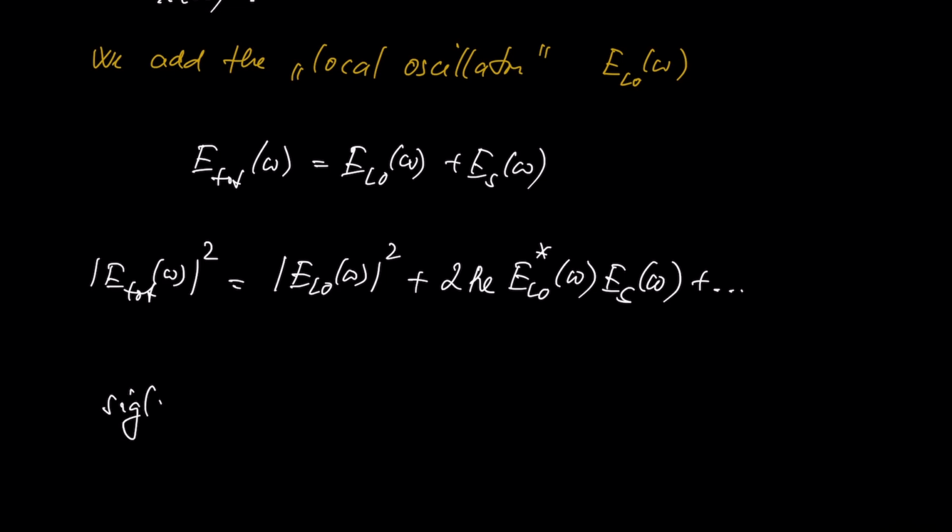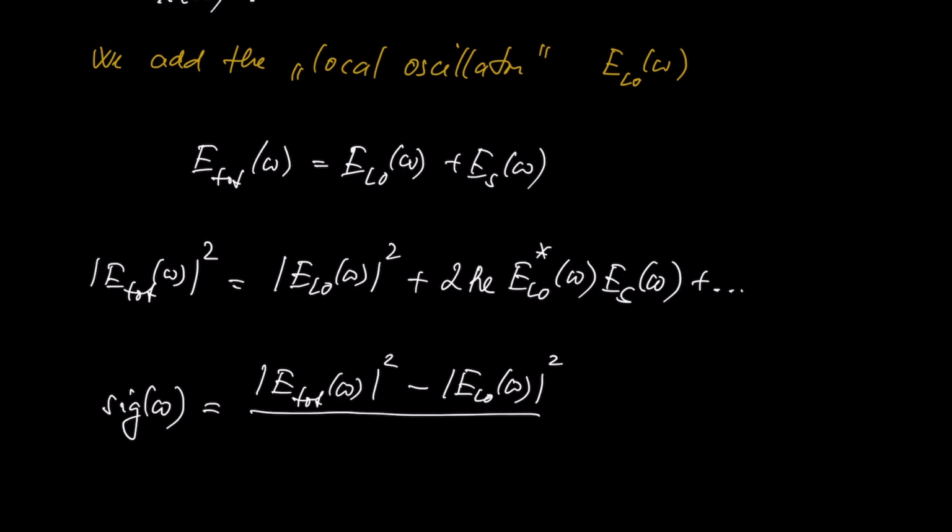And the signal that we detect as a frequency resolved signal is the total signal square minus the local oscillator signal square, and this time we only can normalize it to the local oscillator. We don't have a background actually to normalize it to. So looking at what we measure, we basically get again something like this.